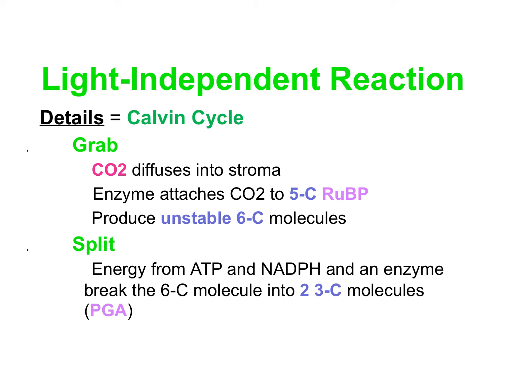In the split step, energy from our energy-carrying molecules of ATP and NADPH are going to add with an enzyme to break down that unstable 6 carbon sugar and turn it into two 3 carbon sugar molecules known as PGA. And again, we are abbreviating PGA, and you don't actually have to know what the real name of it is because it is phosphoglycerate, and PGA is just much easier to say and remember.